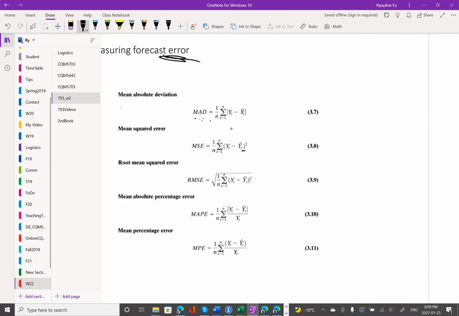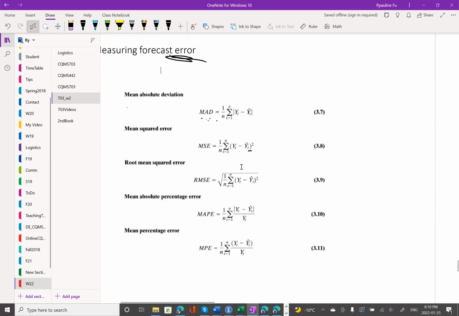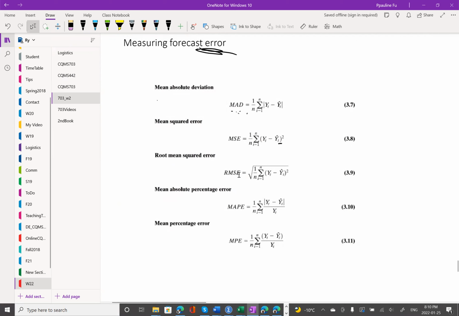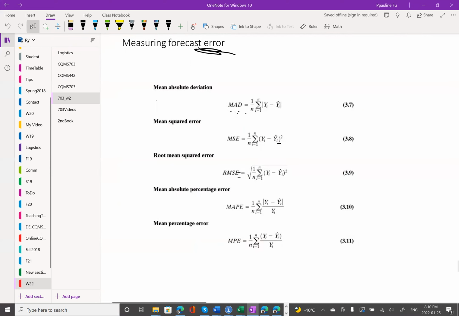We hope the smaller the error, the better the forecasting technique. Any questions? I will explain other formulas when we do the problems. Just looking at the formula is meaningless. You have to know how to apply this formula in specific questions.